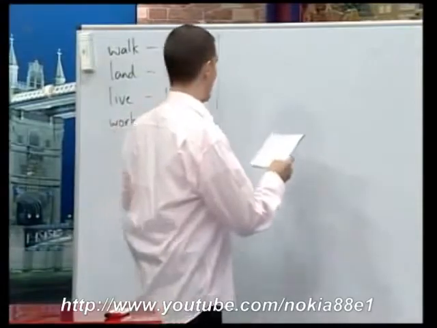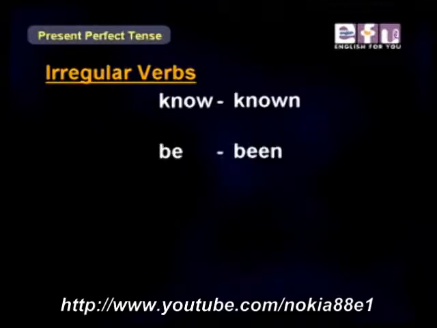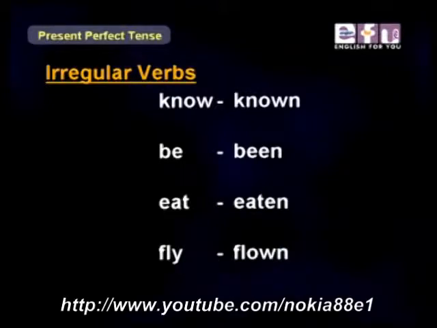Let's look at them. We have, for example, know, known, be, been, eat, eaten, and fly, flown. These are irregular.